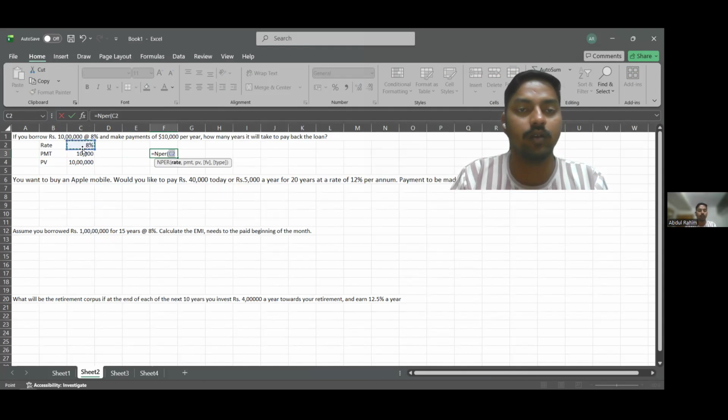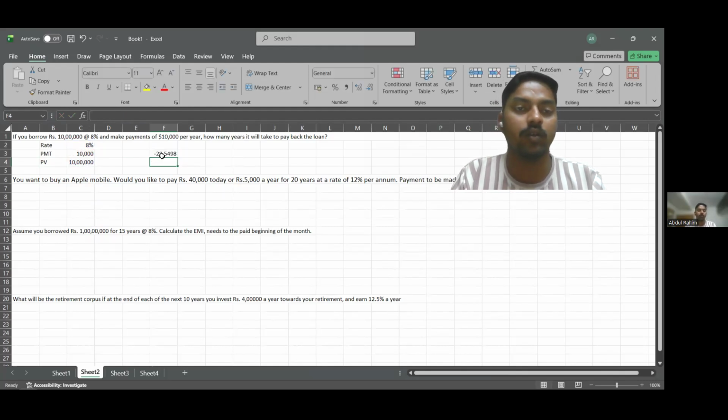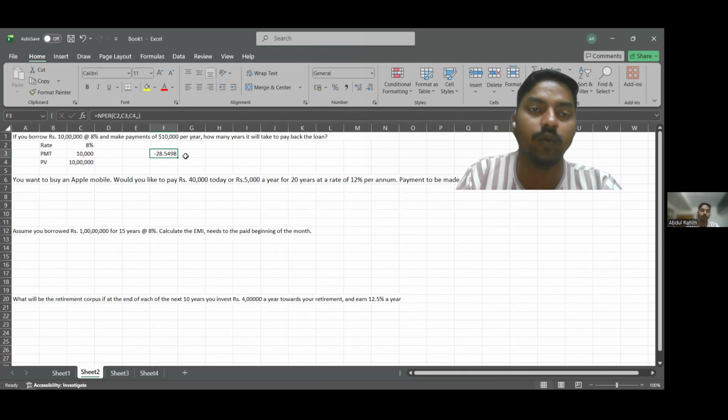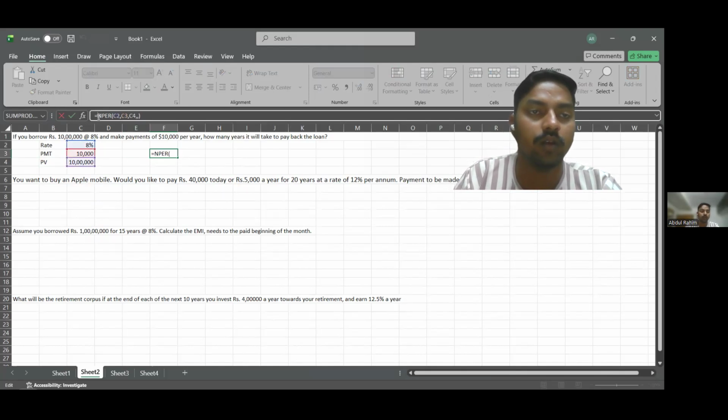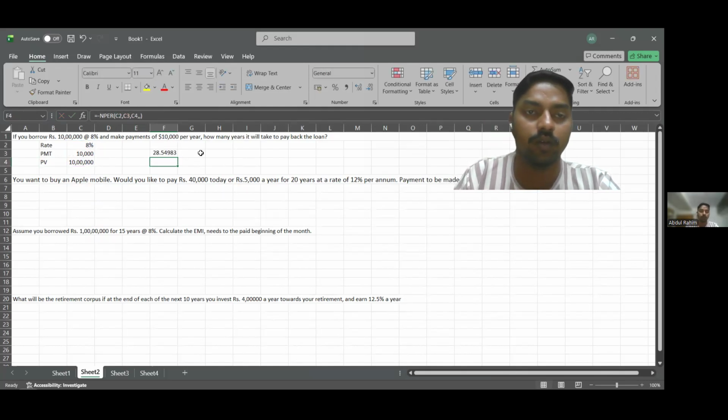First thing is rate, comma, PMT, comma, present value, double comma, bracket close. So it gives us minus 28. So here we can put a negative sign, which gives us a positive number. So it is going to take 28.45 years to repay the loan.